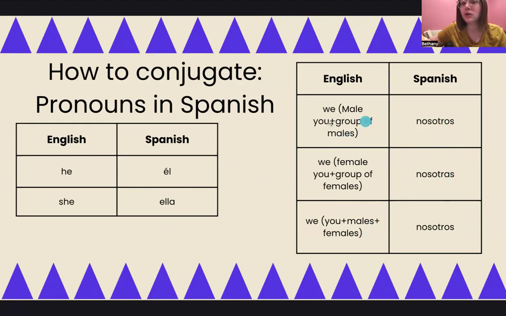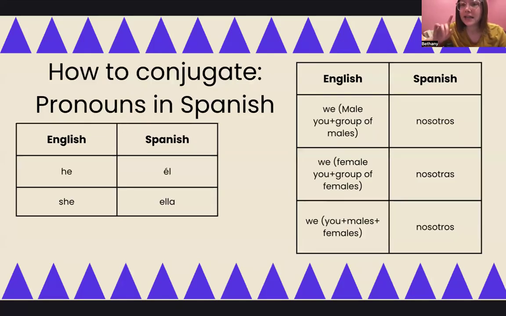This is male you and a group of males, nosotros. But if it's you, a female, and a group of females, it's nosotras. But if it's you, either male or female, and a group of males and females, it is always nosotros.